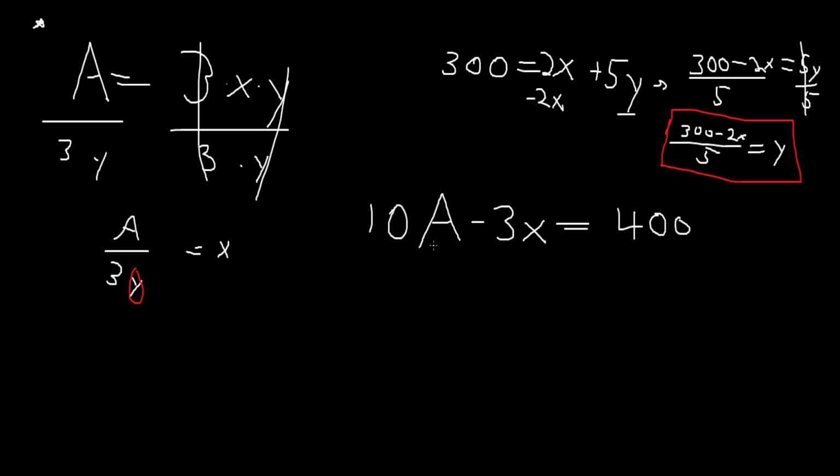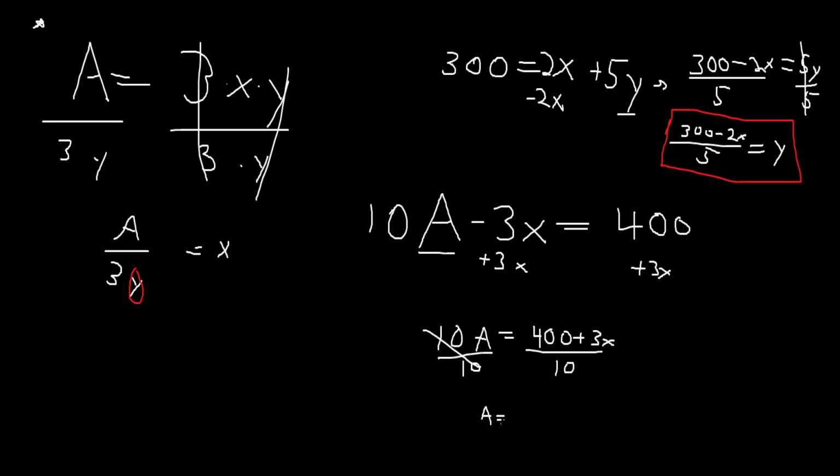We're going to do the same thing over here. We're going to solve for a. Since we're solving for a, we're going to add 3x to both sides, add 3x, add 3x. So that means we got 10a is equal to 400 plus 3x. Now I want a by itself, so I can divide by 10. Basic algebra stuff.